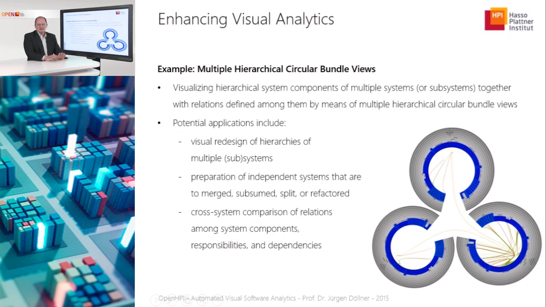In this case, it is extended towards multiple systems, so we can show their relations, like in this case of 3 different subsystems, for example, by opening these representations at certain points and having a kind of connection for relations that spread across an individual system.